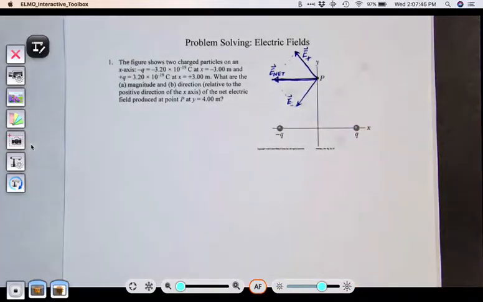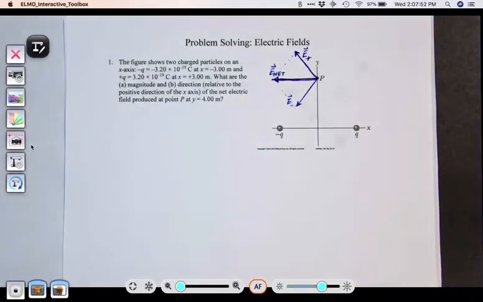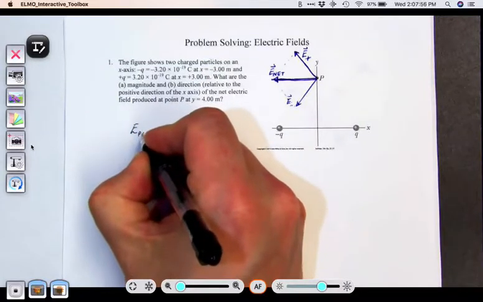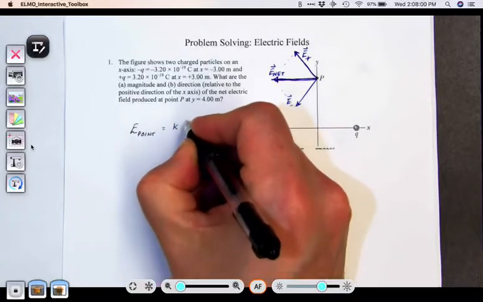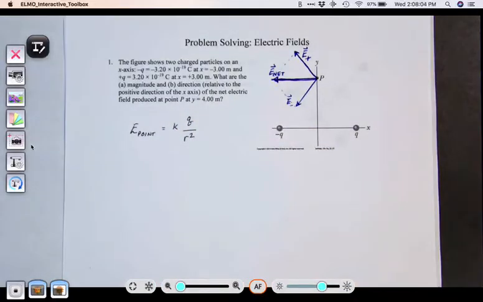All right, so these are considered point charges, and that means that we can calculate the electric field using the electric field relationship for point charges. The Coulomb constant times the charge over the distance from the point where you want to calculate the electric field, squared.